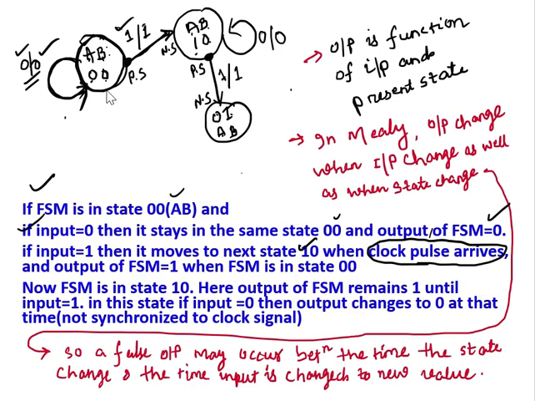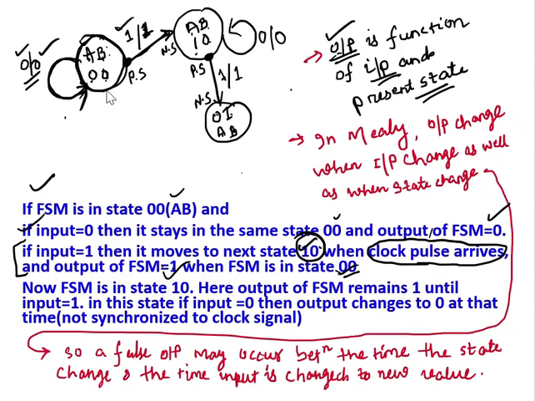And the output of the FSM equals 1, and it will move to 1 0 only when the state equals 0 0. See, because output is a function of input and present state. That's why I have written this line here. So you will get the output when it moves to next state 1 0.